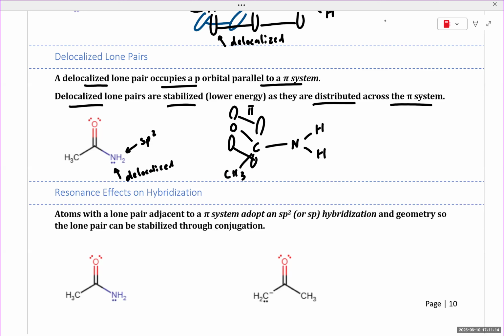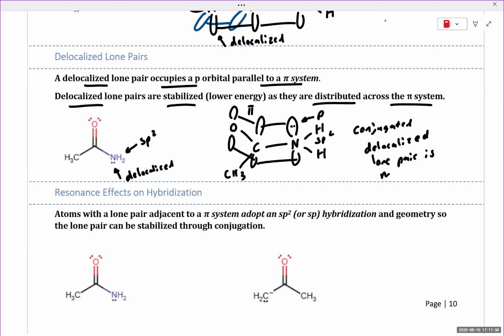If this nitrogen adopts an sp2 hybridization, you can place your lone pair in a p orbital, and thus this lone pair can participate in conjugation to this pi system. And this conjugated, delocalized lone pair is more stable.